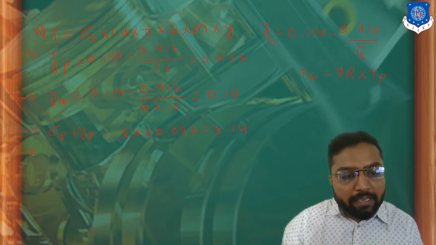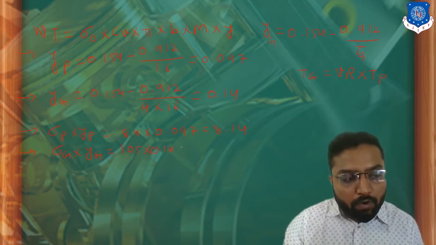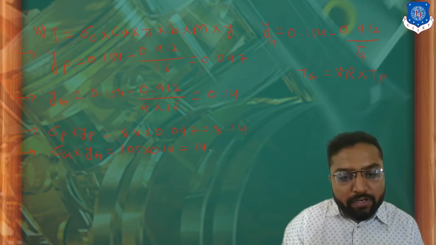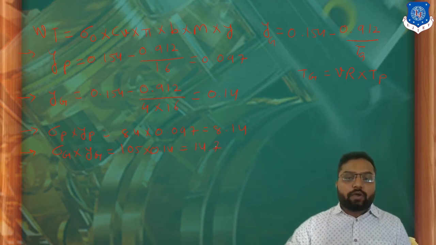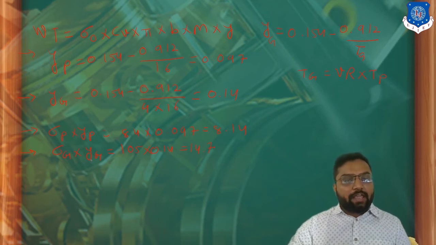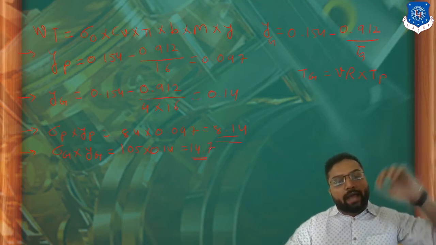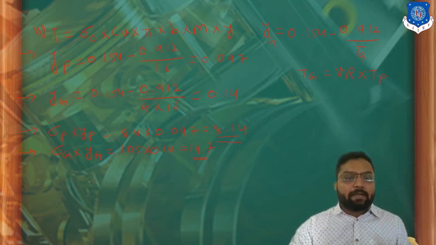For the gear it is sigma G into YG, which is 105 into 0.14, and the value is 14.7. So you can clearly see that the multiplication of limiting stress and tooth form factor is higher for the gear compared to the pinion. So we have to design the pinion.